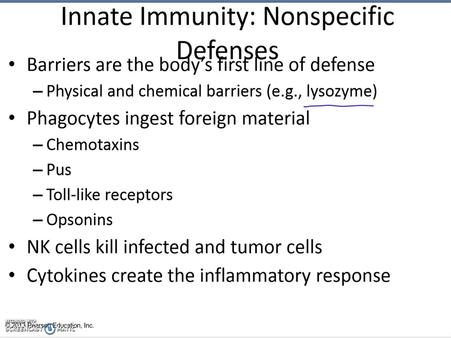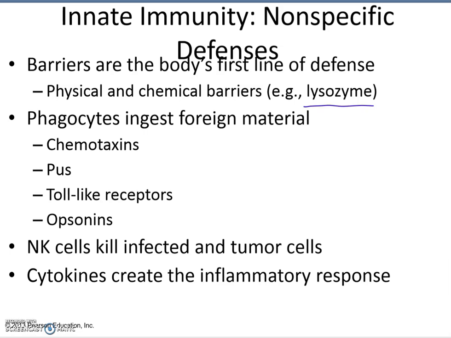Now, phagocytes belong to your second line of defense. They eat foreign material. They could also eat cells that are damaged, for example, but they specialize in eating up bacteria.